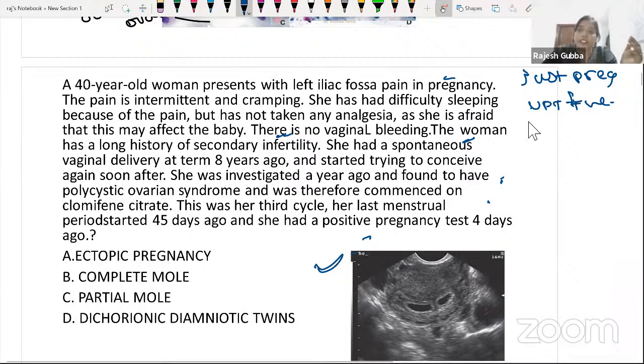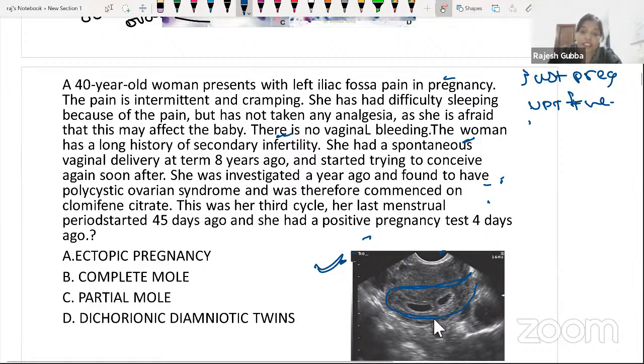So what positive history do I have which tells us about the scan? Do you see any gestational sac in the scan? This is a uterus, guys, because I'm having the anteverted and anteflexed appearance. So do you see any gestational sac here?